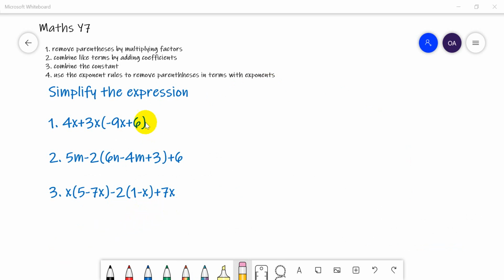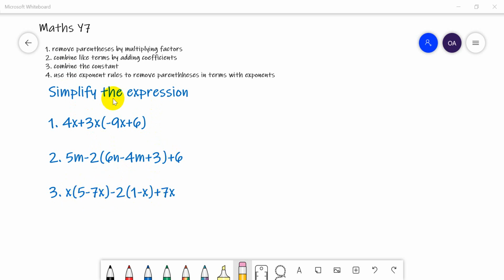Okay guys, this is the exercise. Please try to simplify these three expressions. You need to follow these 4 steps. You have to remove the parentheses first. This one, this one, this one, this one, and this one.